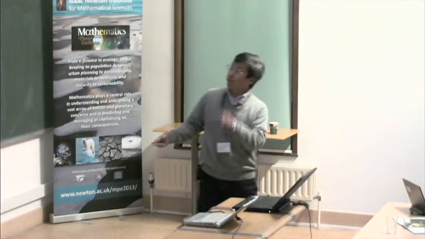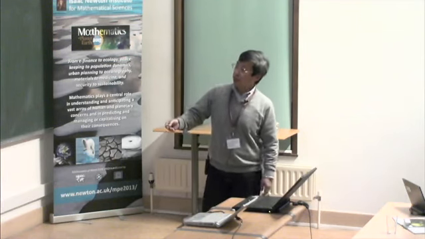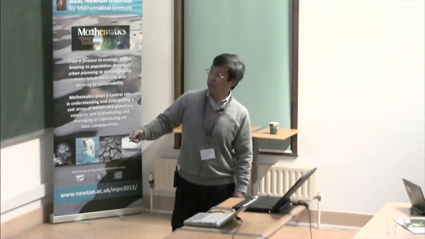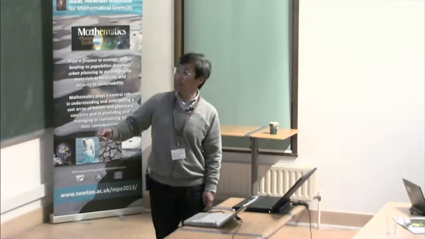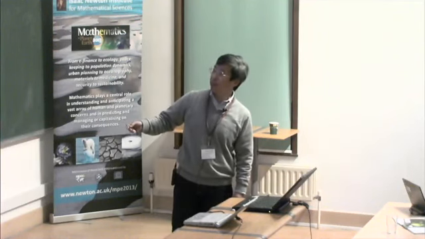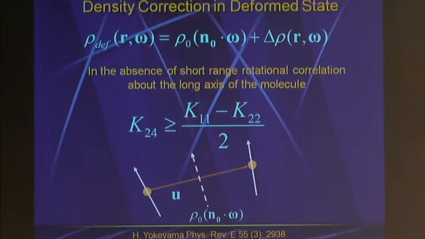So we now have, this is not rigorous, but we can only say rigorously that K24 is not necessarily equal to K11 minus K22 divided by 2.